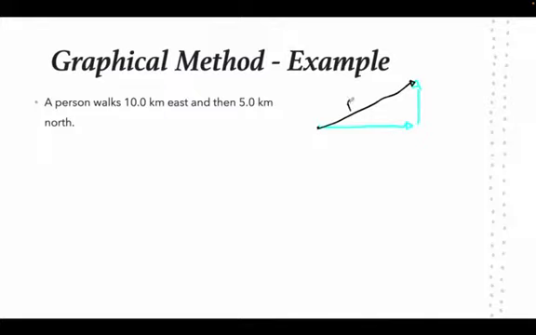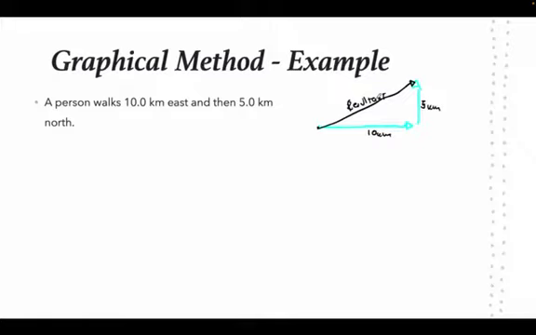This will be my resultant right here, okay? This would be 10 kilometers. This would be 5 kilometers. And this would be my resultant. In this sort of example, we do not need a ruler to find the resultant. We can use Pythagorean theorem, okay?